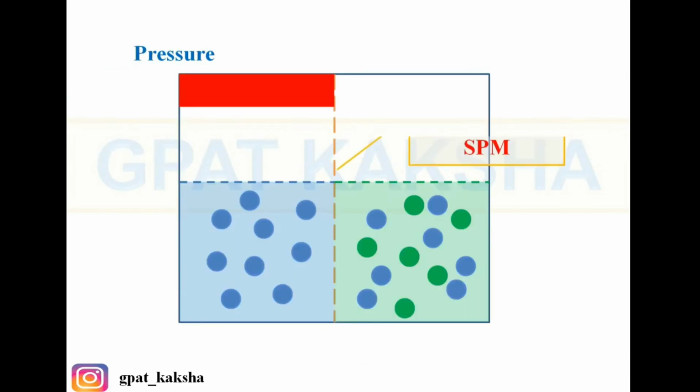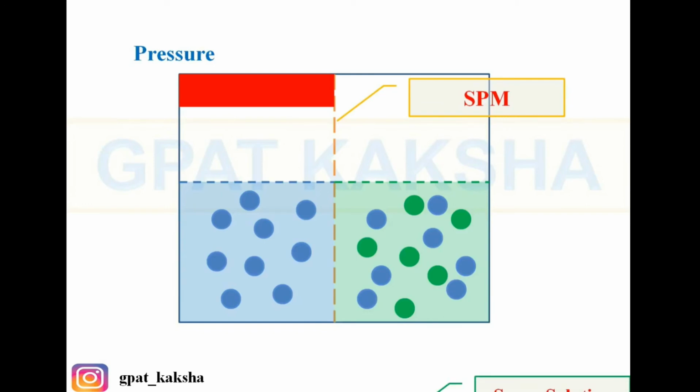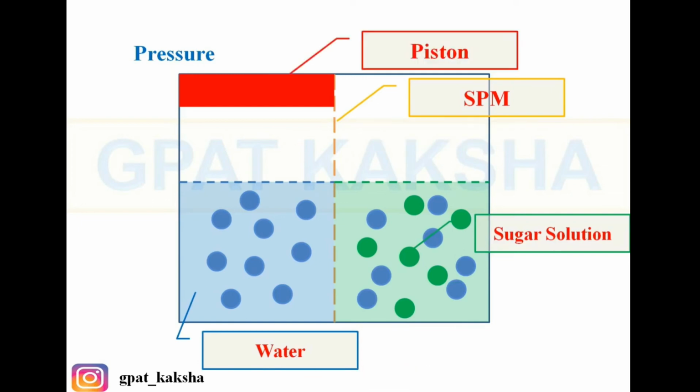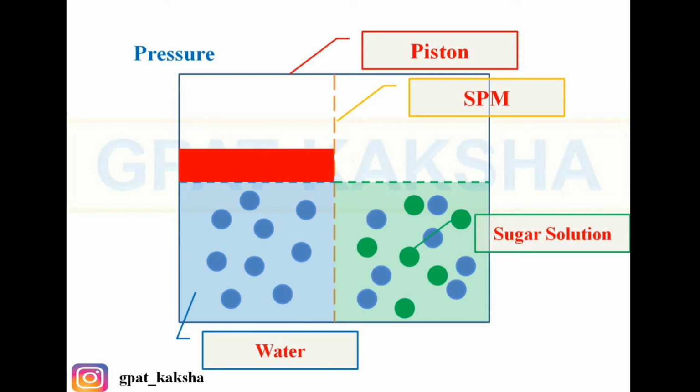As we can observe, these are the two compartments separated by a semi-permeable membrane. One compartment contains sugar solution and the another compartment contains water. Now, if we apply pressure through a piston over the water compartment, so this particular piston will lead to development of pressure inside the water compartment, which will eventually stop the passage of solvent molecules from the sugar solution towards the water.